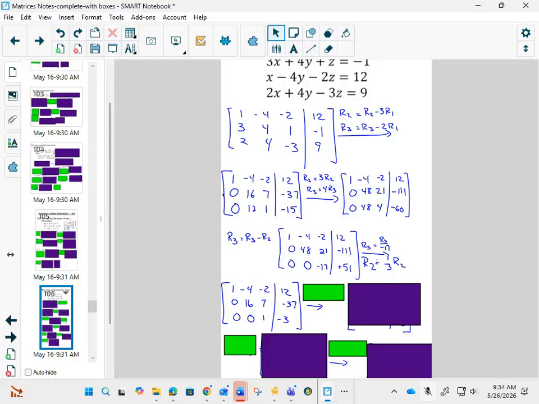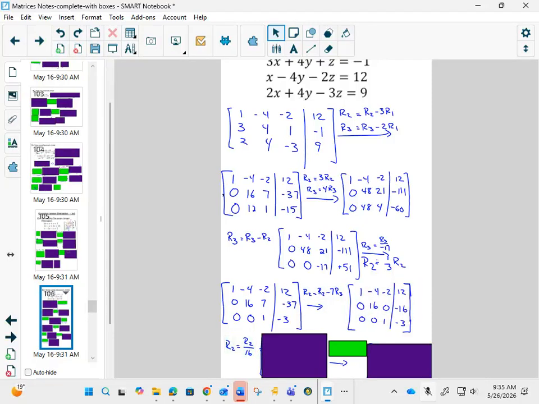So I just rewrote the 16, the 7, and the negative 37 instead of having big numbers like 48, 21, and negative 111. Next I'm going to get row 2 to be 0. I probably could have also done this step all at once and got that to be 0, but I got excited.